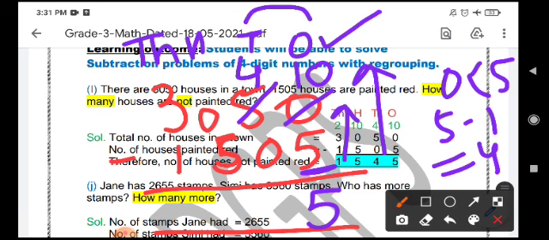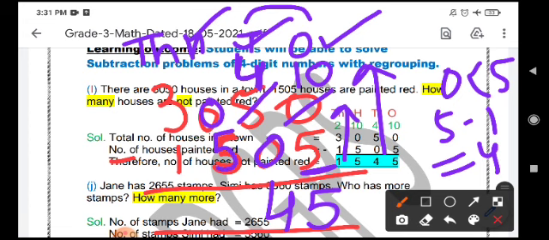Now subtract the tens place. 4 minus 0 is 4. Done. Now subtract the hundreds place. Take away 5 from 0. Is it possible? No. As it was not possible at the ones place, it is not possible at the hundreds place as well. So what will you do? You have more on the floor.